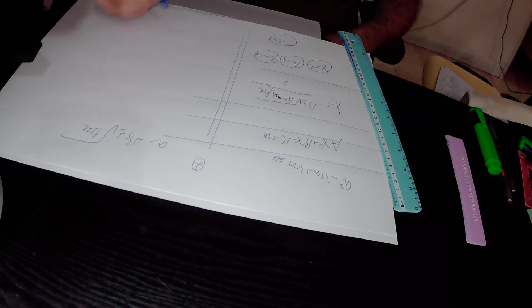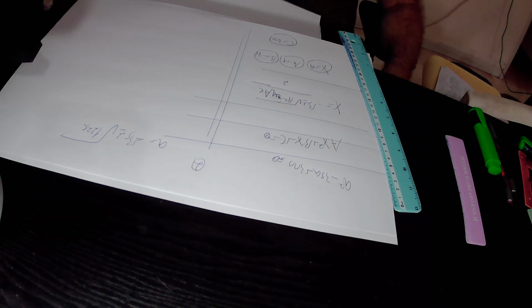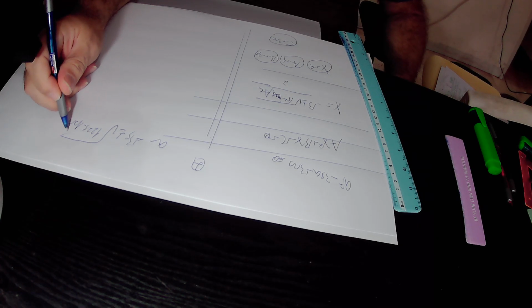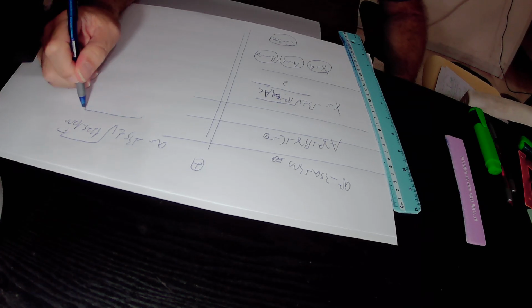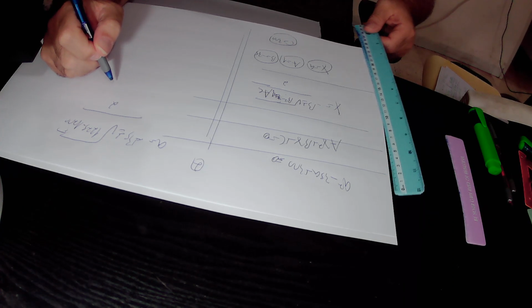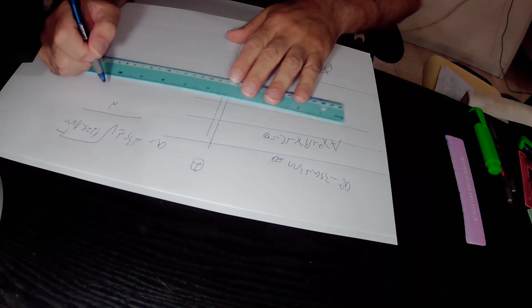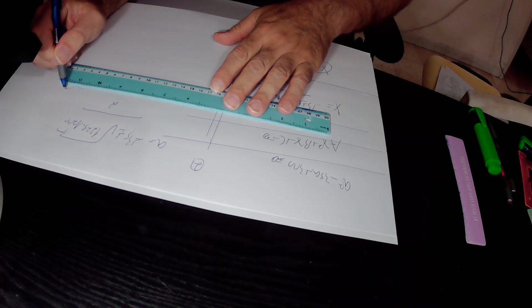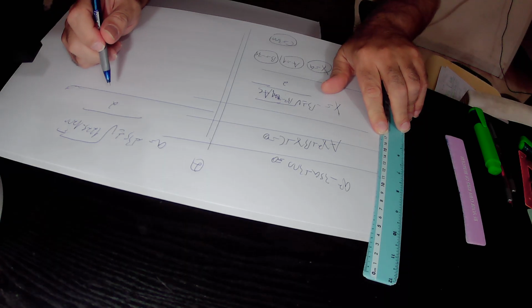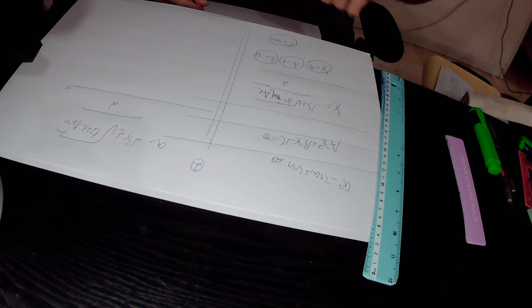Minus 4 times a times c. a is 1, c is 300, so minus 4 times 1 times 300, that is minus 1200. Divided by 2a. a is 1, so 2a is 2 times 1, that is 2. So in total we find that a equals 35 plus minus square root of 1225 minus 1200.